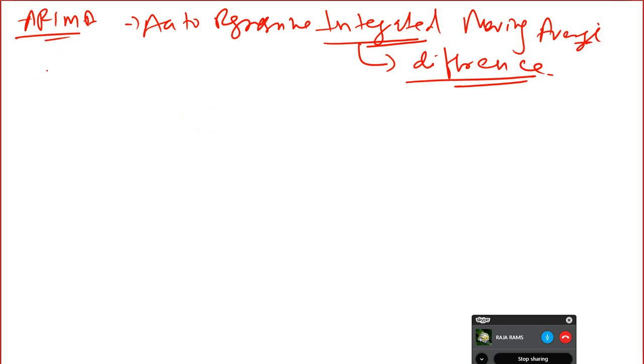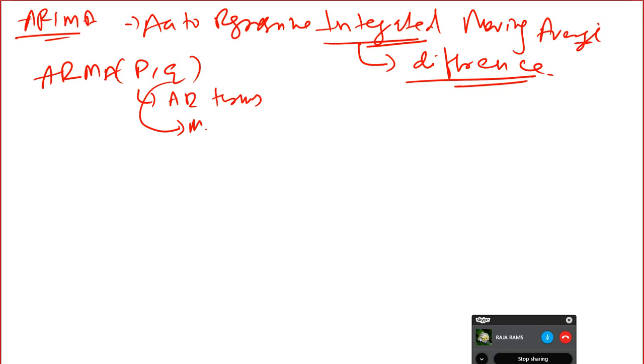So in ARMA you have P and Q, right? P is the AR terms, Q is the MA terms.